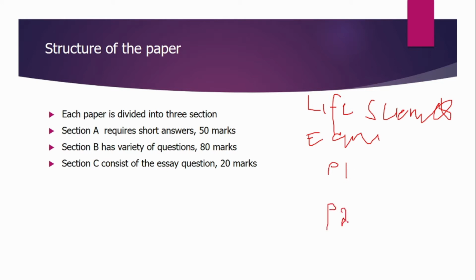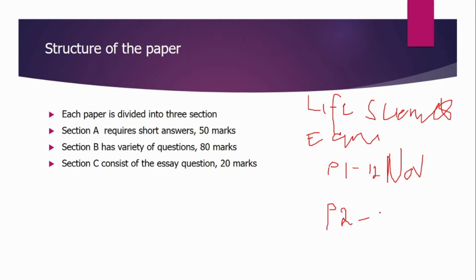And these papers are not written at the same time. So you can write paper 1 examination on the 12th November and write paper 2 on the 15th November. They're written at different times.